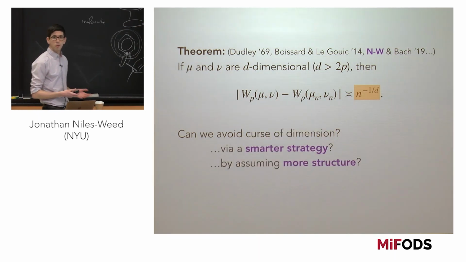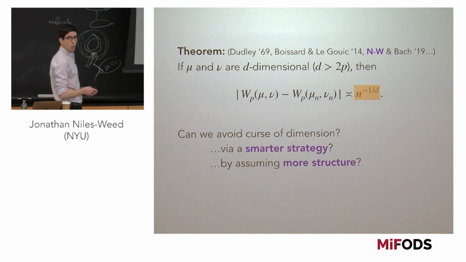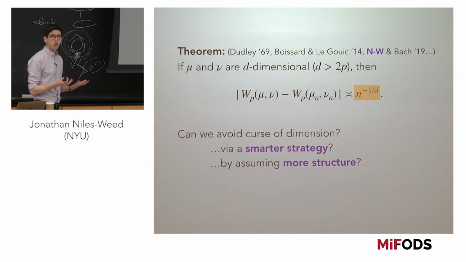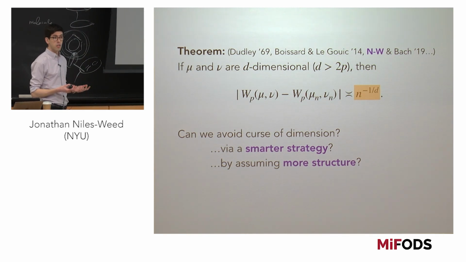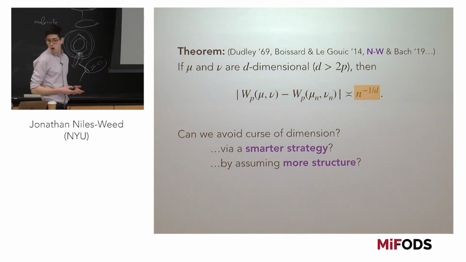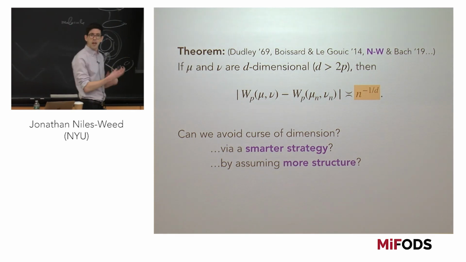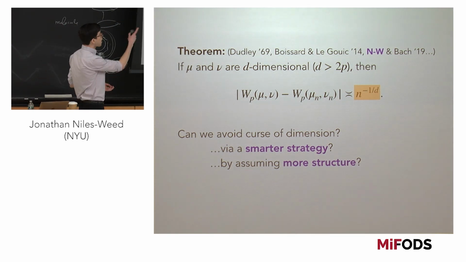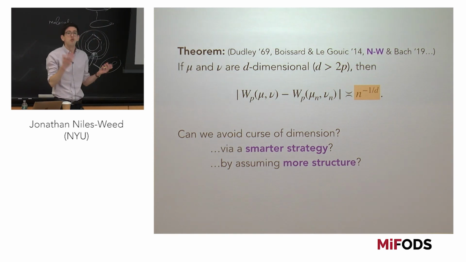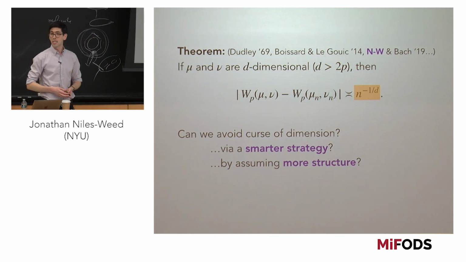So there are two possible paths forward, we might imagine. One is maybe my strategy of just using the empirical measures was dumb in the first instance. Maybe there's a smarter thing that I can do in order to try to estimate this quantity. Or maybe it's the case that the problem that I gave myself was too hard to begin with. And then if I assume some extra structure, it's possible to do this at a better rate, if I assume some structure that I think is reasonable in practice.